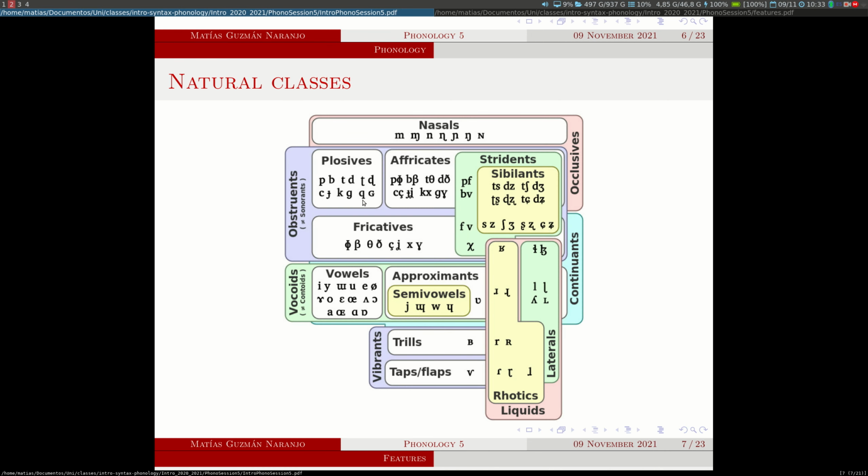So here's a very general example of the idea of natural classes. This is still mostly based on phonetics and what we already saw about segments, but it already starts expressing the concept of natural classes. So you see these sets of sounds.